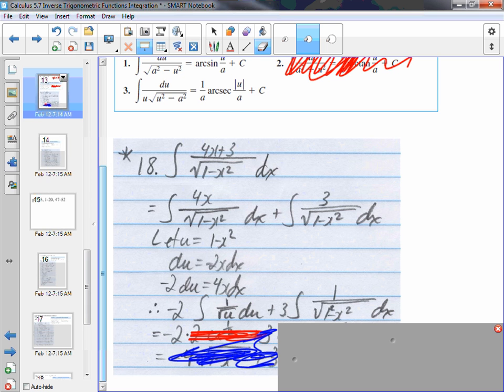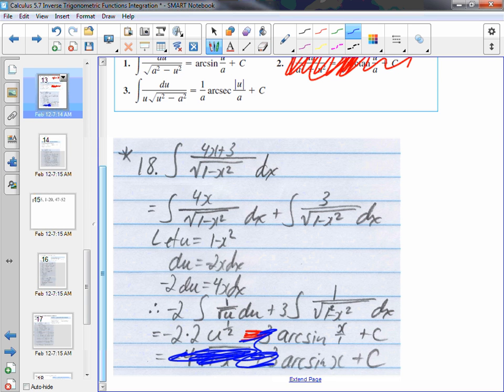Add 1 to the exponent, makes it a positive 1/2. Divide your coefficient by that new exponent of positive 1/2. Dividing by positive 1/2 is the same thing as multiplying by 2. Multiply the coefficient by 2, and that's now u to the positive 1/2. I'm not going to bother with the plus c. I'll just put a plus c at the end of the whole thing.